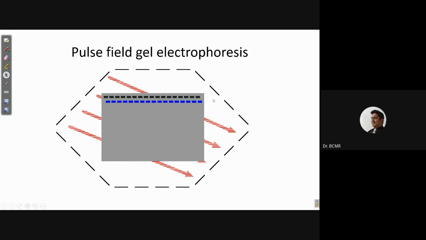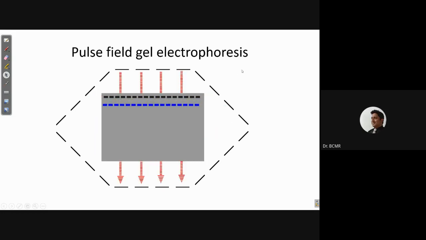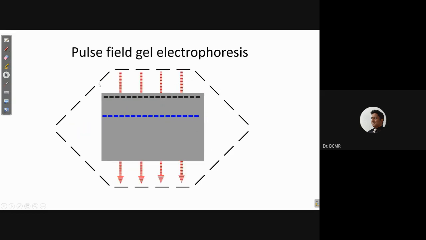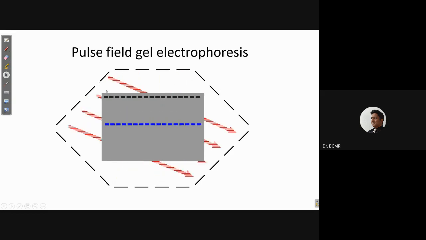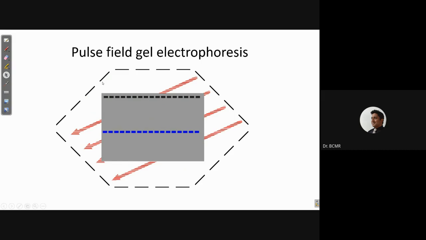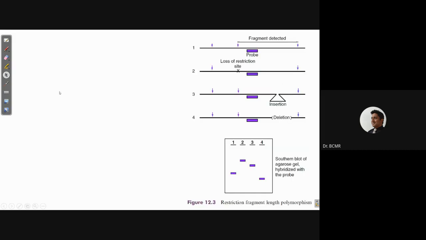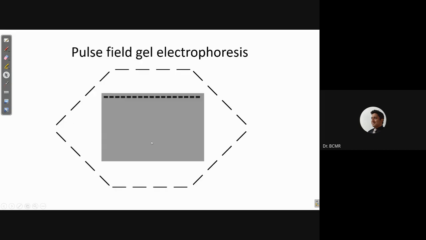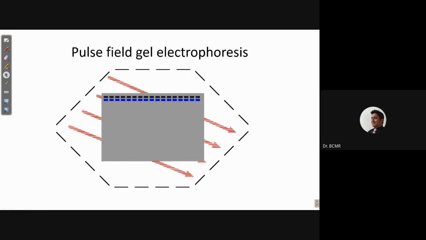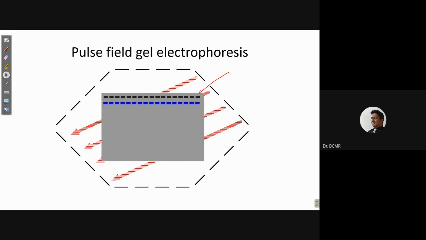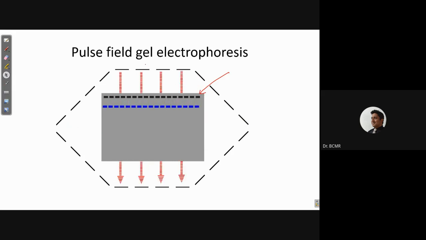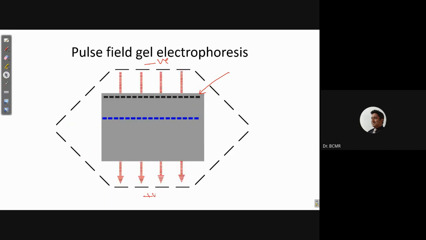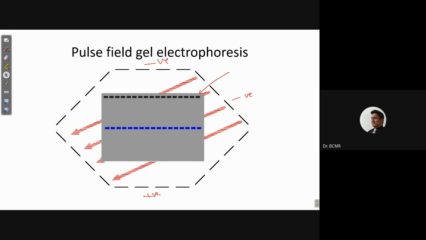Yes, this is pulse field gel electrophoresis, where this is where you're loading the sample. So we load the sample here, and we have several electrodes. This will be negative, and this is positive, negative, and positive.